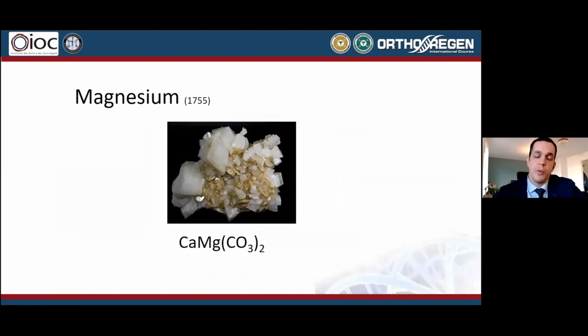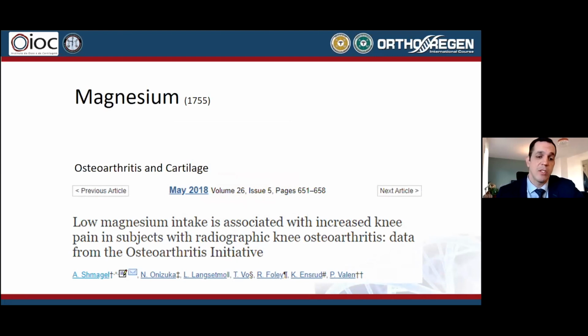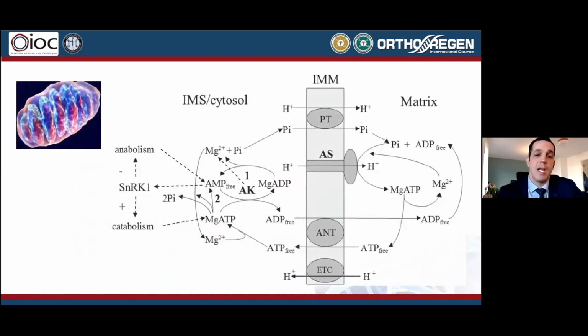Another supplement that I would like to talk about is magnesium. It is a very important mineral in our body, and this article shows that the intake of magnesium is linked to the level of pain in our patients with knee osteoarthritis. And I love magnesium.